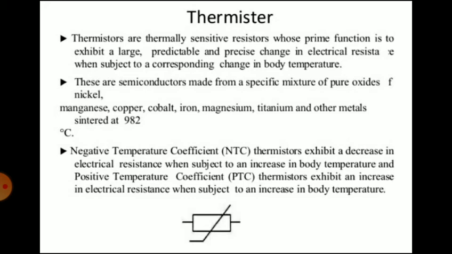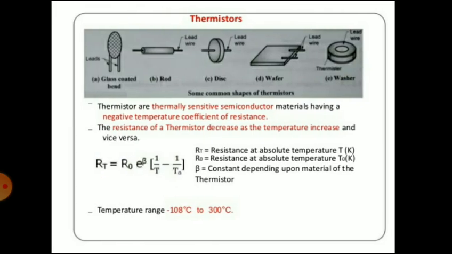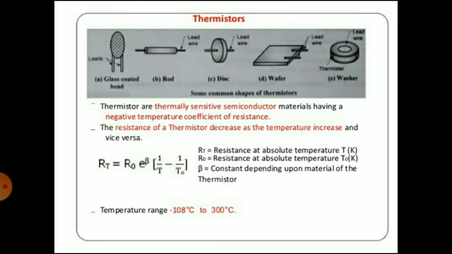Thermistor is a contraction of the term thermal resistors. Thermistors are generally composed of semiconductor materials. Most thermistors have a negative temperature coefficient of resistance, that is, their resistance decreases with increase of temperature. The negative temperature coefficient of resistance can be as large as several percent per degree Celsius.